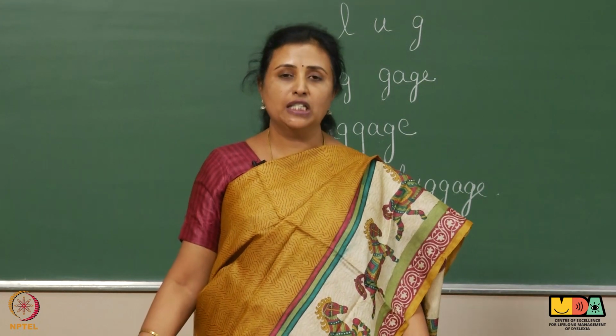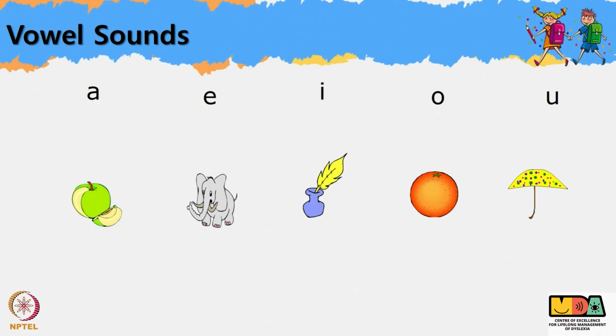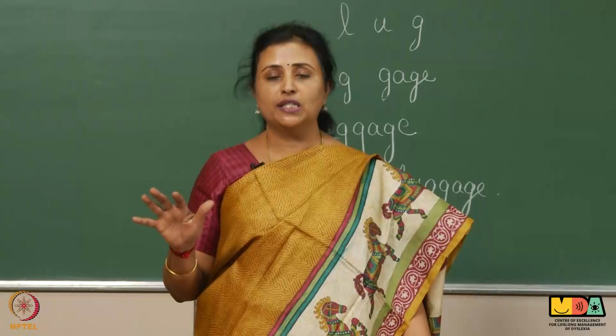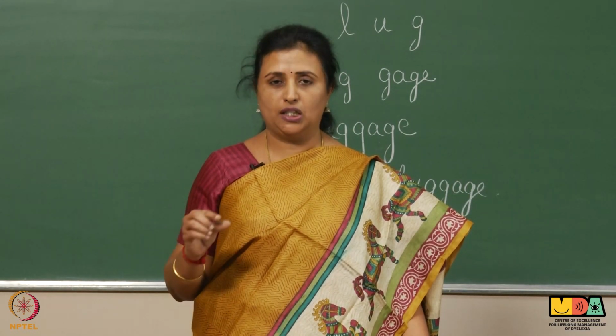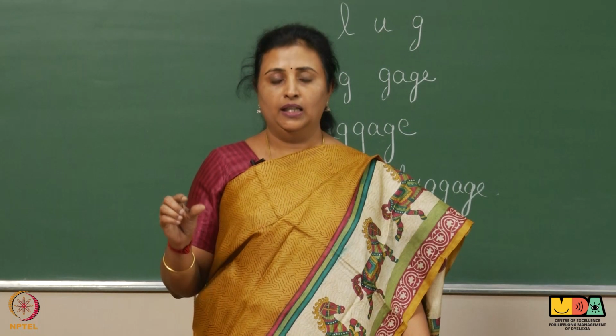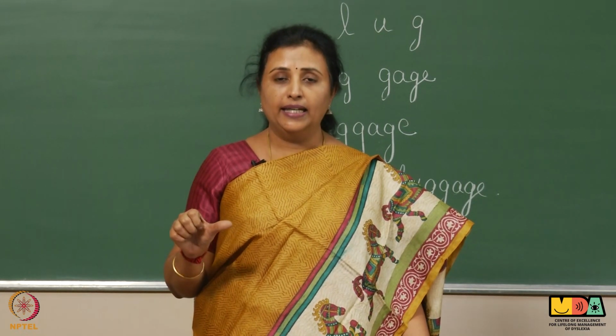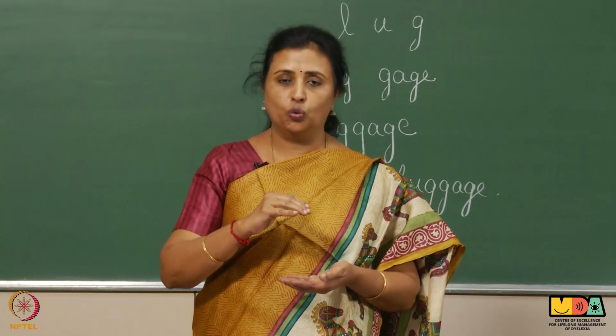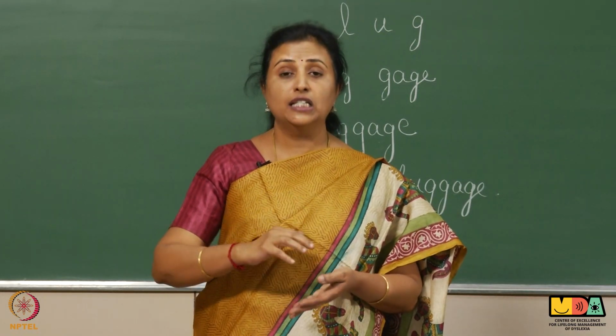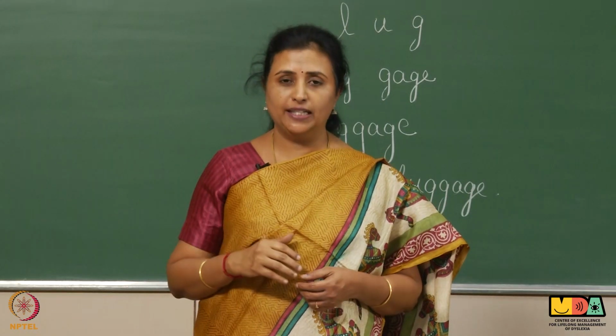Let us now first move on to the vowels. There are 5 vowels, namely A, E, I, O and U. When we start teaching the vowel sounds to the children, we will first start with their short sounds. The letter A has 2 sounds, namely the short sound of the letter and the long sound of the letter.